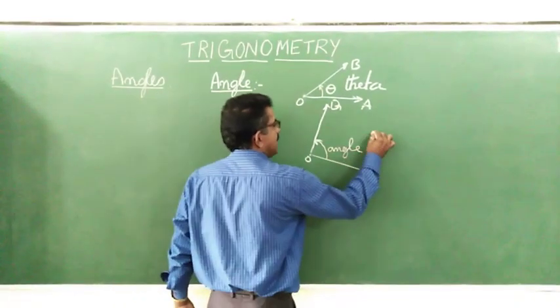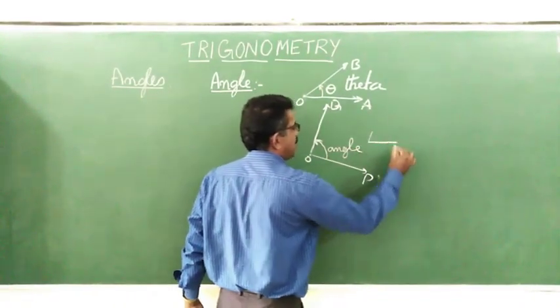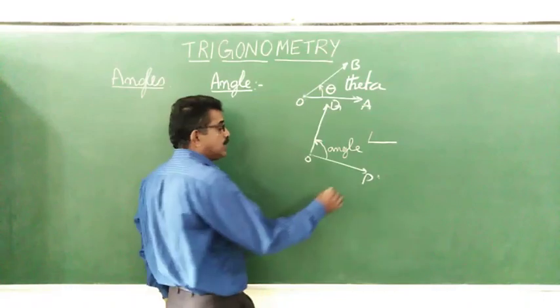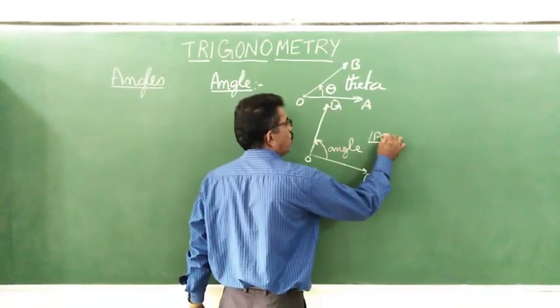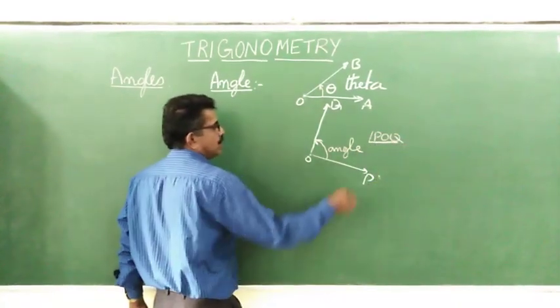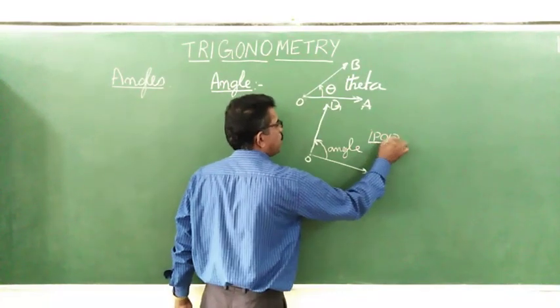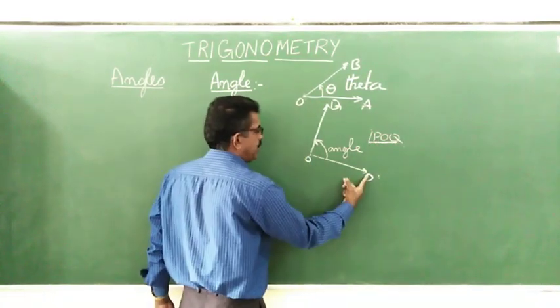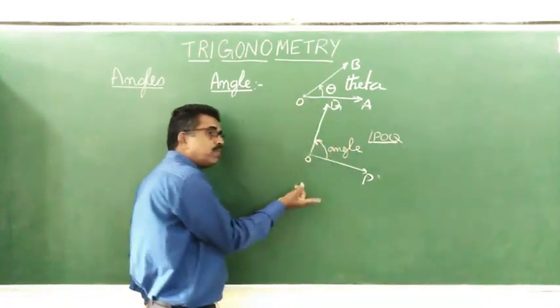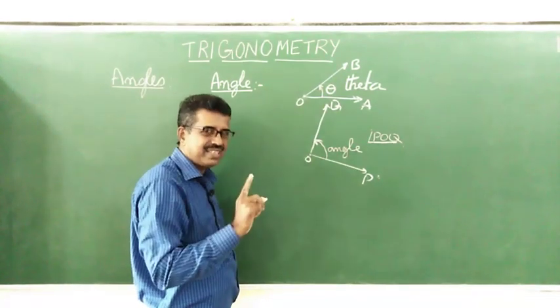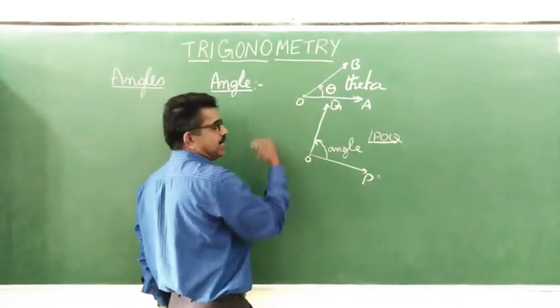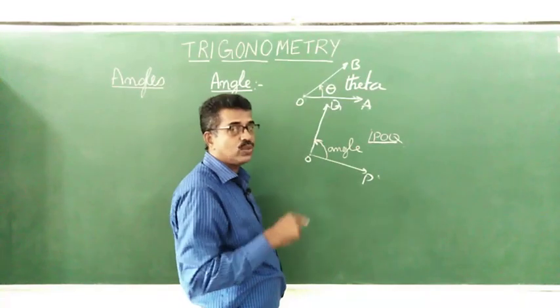This angle is denoted with the notation you are familiar with: angle POQ. This is read as angle POQ, meaning from OP to OQ how much you have rotated. Understood? How much I have rotated, that is known as an angle.